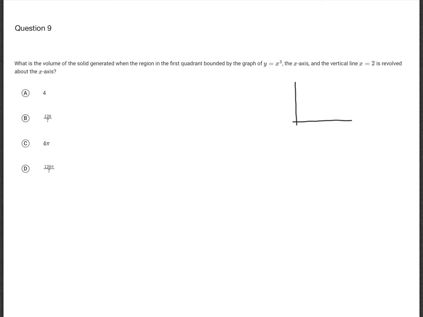The line y equals x cubed, at least in the first quadrant, will look kind of like that. We'll say this is x equals 2, that point there.